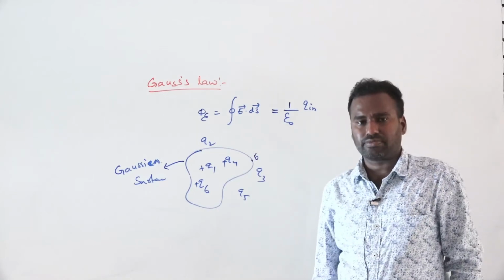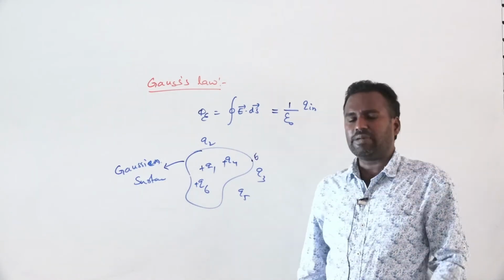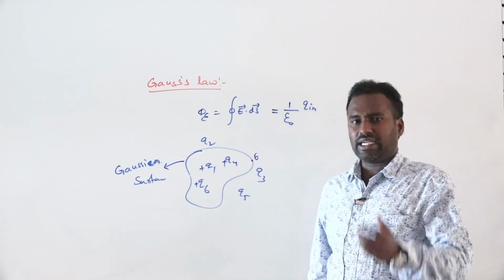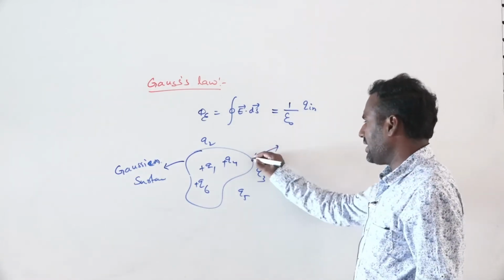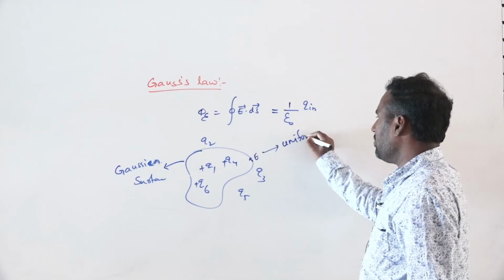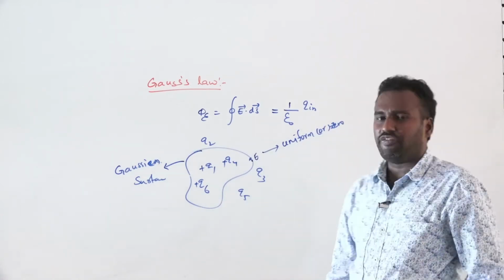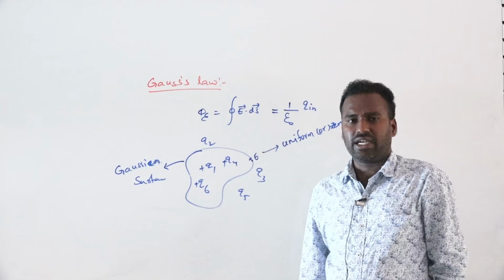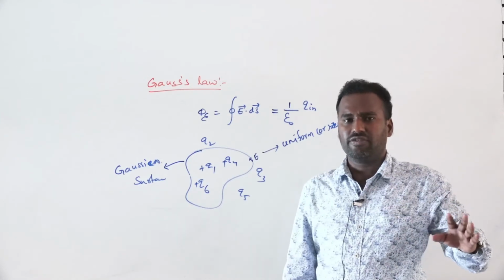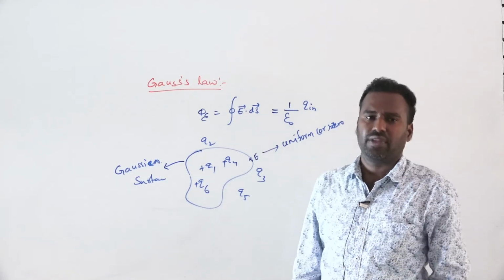Keep in mind that the electric field at that surface should be either uniform or 0. The electric field should not change from one point to another point on the surface.